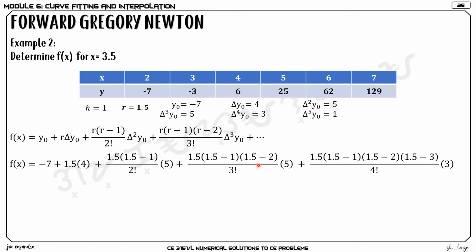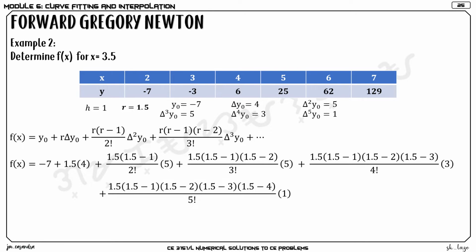plus 1.5 times 1.5 minus 1 times 1.5 minus 2 all over 3 factorial times 5 plus 1.5 times 1.5 minus 1 times 1.5 minus 2 times 1.5 minus 3 all over 4 factorial times 3 plus 1.5 times 1.5 minus 1 times 1.5 minus 2 times 1.5 minus 3 times 1.5 minus 4 all over 5 factorial times delta raised to 5 y sub o, which is equal to 1.